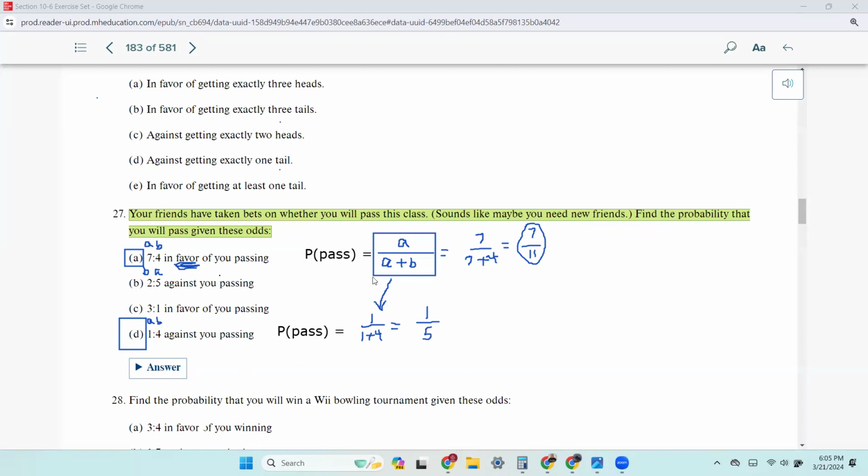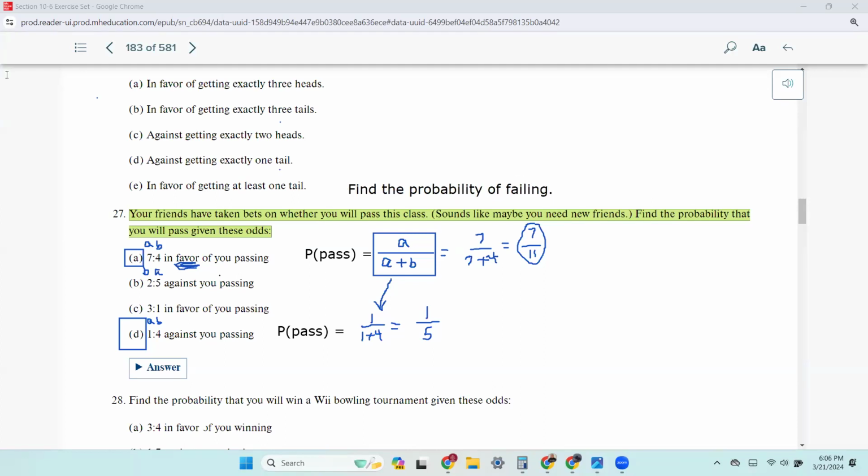So let's say I wanted to find the probability of not passing for each of these. Find the probability of failing. Okay. And I'm going to do the same ones. So it's going to involve the same numbers.